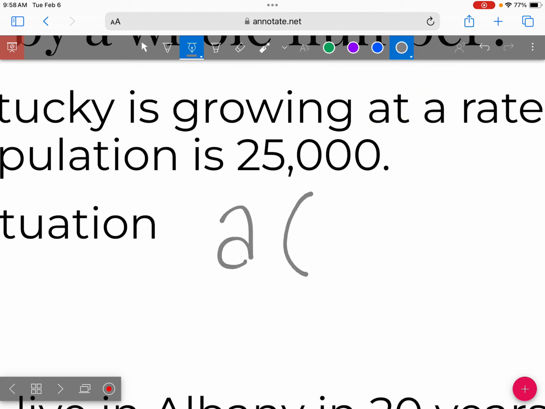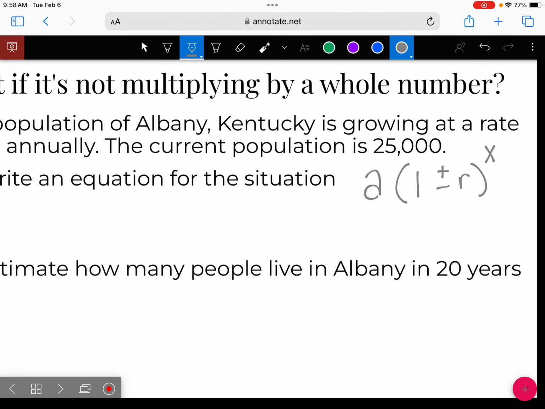So we're using our A times 1 plus or minus our r, with our exponent of x. We're going to try and find all the pieces in these two sentences.